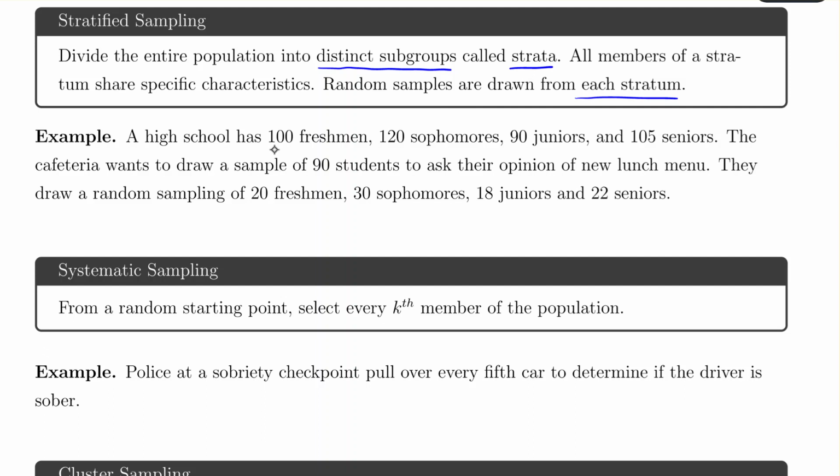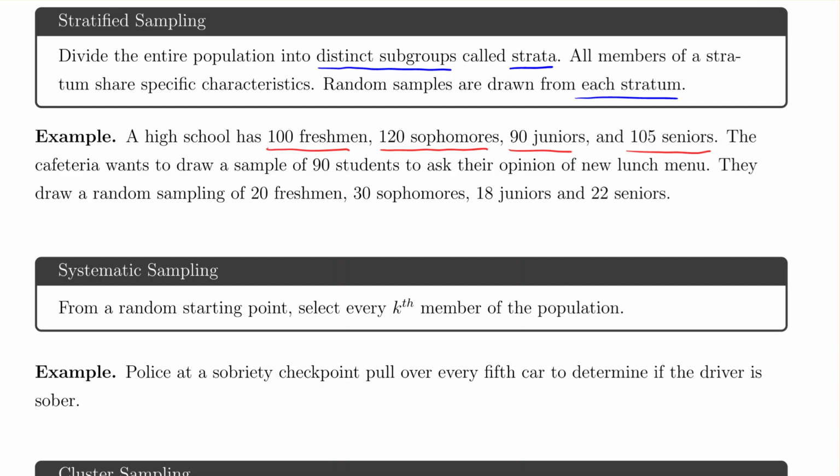A high school has 100 freshmen, 120 sophomores, 90 juniors, and 105 seniors. So within the entire population of the high school, the school is divided into distinct subgroups, which in this case we call strata. Freshmen, sophomores, juniors, and seniors, each of those classifications is a stratum. So we have 4 strata in this case.